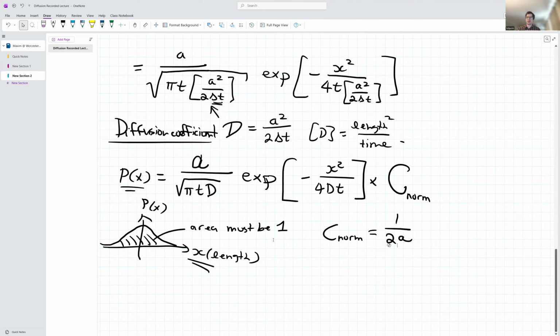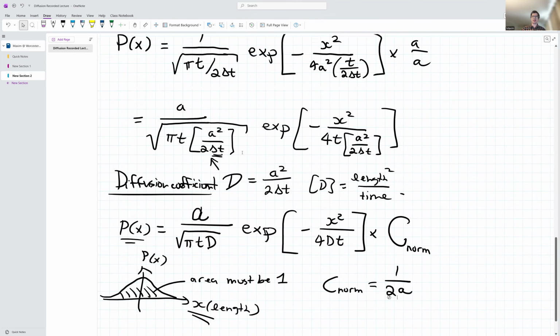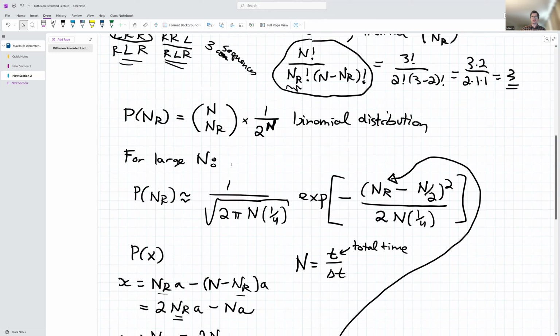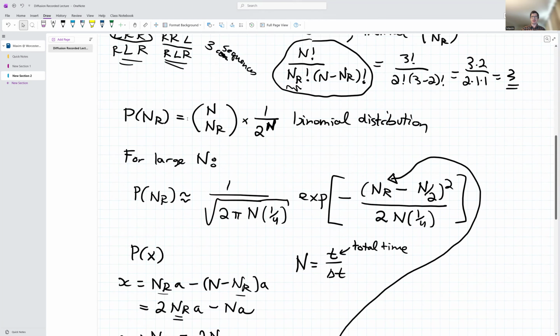There's a more rigorous way to find the normalization coefficient. You have to be very careful about actually going to the central limit theorem. So we skipped a little bit and just assumed that we can now treat the number of hops to the right as a continuous variable and just put it inside the Gaussian.